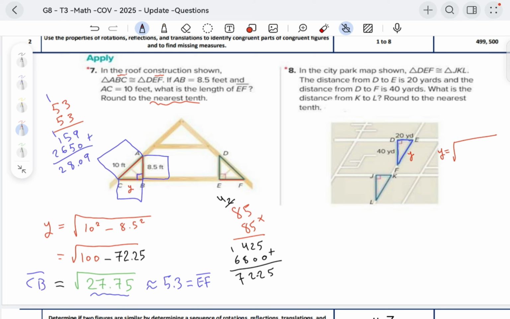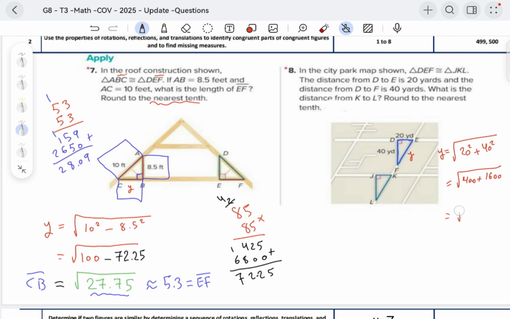20 squared plus 40 squared. This gives us 400, and this gives us 1600.